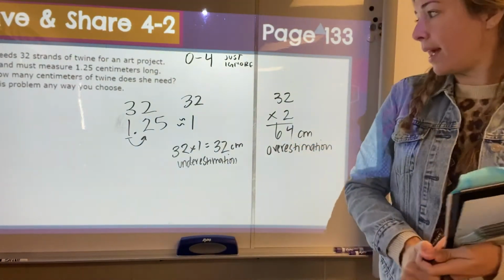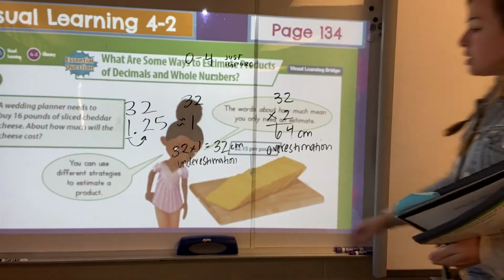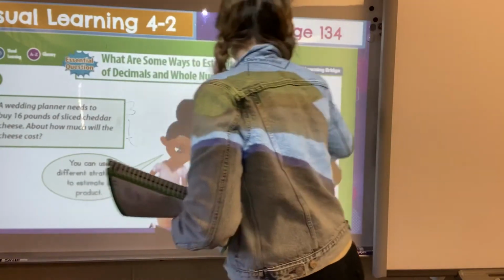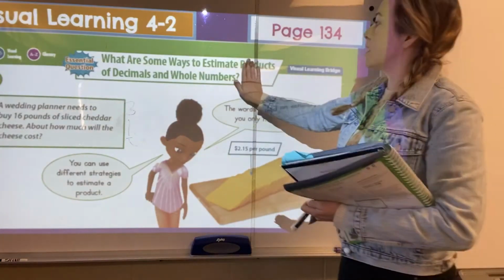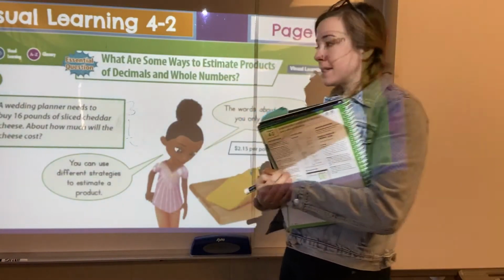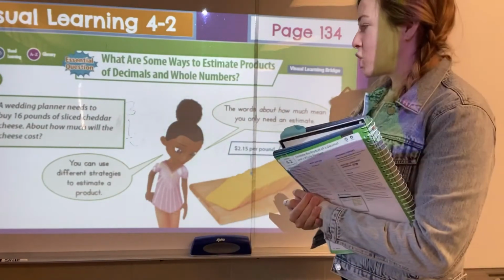Okay, let's go ahead and click over to our visual learning bridge. All right, what are some ways to estimate products and whole numbers? So here's our problem over here. A wedding planner needs to buy 16 pounds of sliced cheddar cheese. About how much will the cheese cost?